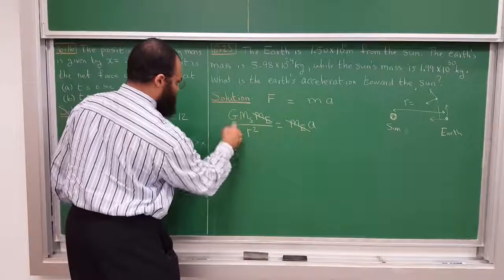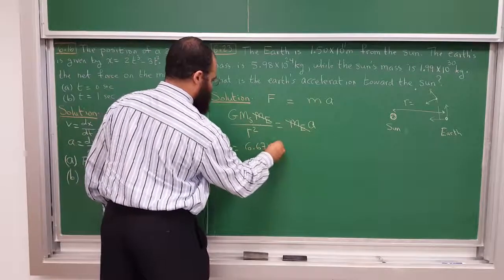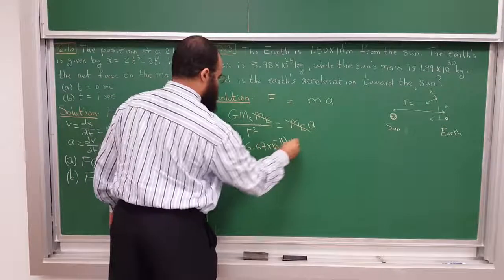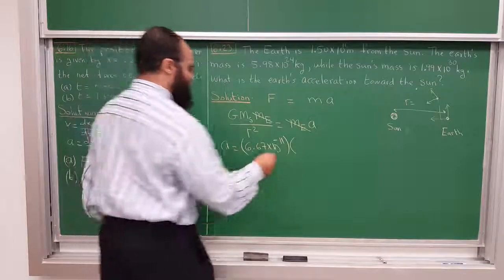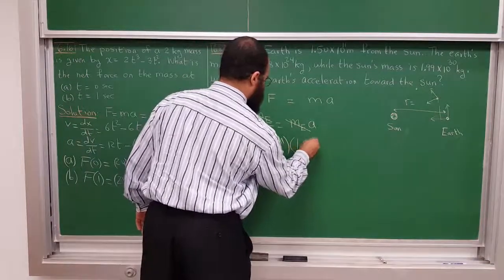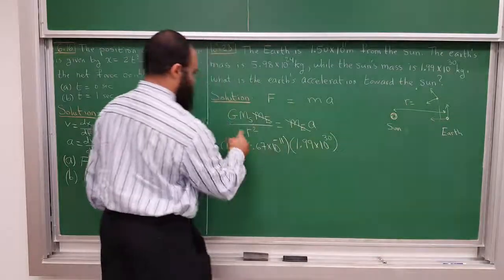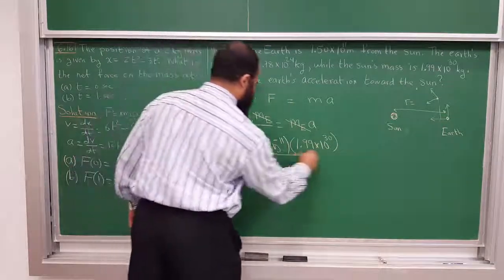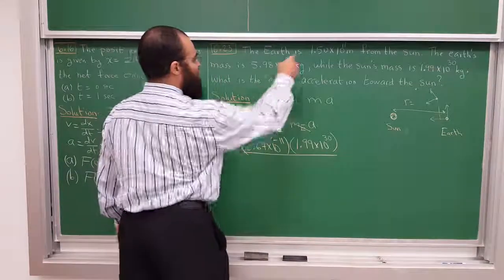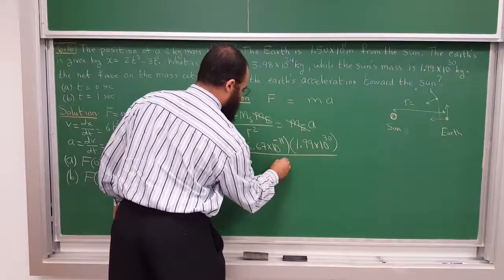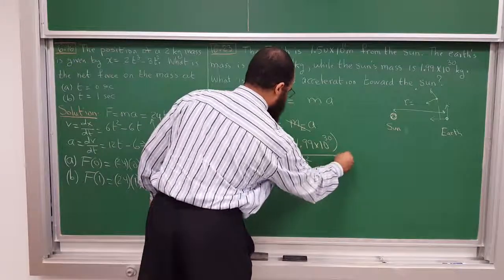The acceleration will be G, 6.67 times 10 to the minus 11, times the mass of the Sun, 1.99 times 10 to the 30th, divided by R squared. And R is 1.5 times 10 to the 11, and I have to square it.